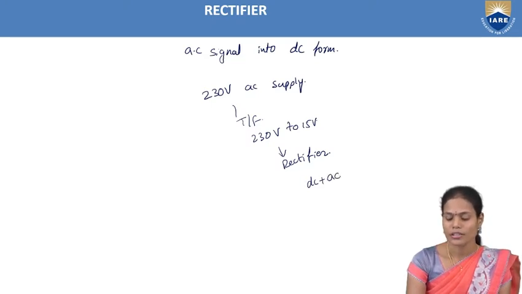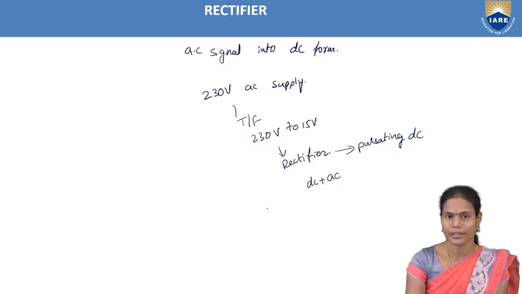That's why the output of the rectifier is pulsating DC. Pulsating DC is DC voltage or current that consists of AC ripples. In order to nullify the AC signal present in the pulsating DC, we apply the output of the rectifier to the filter circuit.